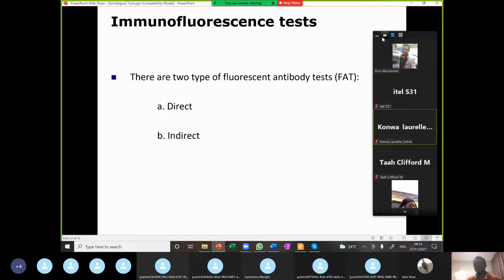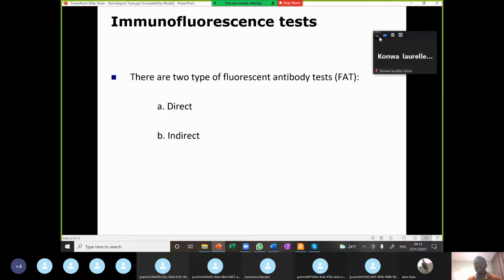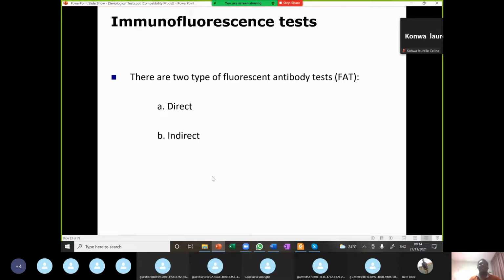So we are going to begin with immunofluorescent test. And there are two types of immunofluorescent test. We have the direct and the indirect. The words direct and indirect depend on what is being labeled.